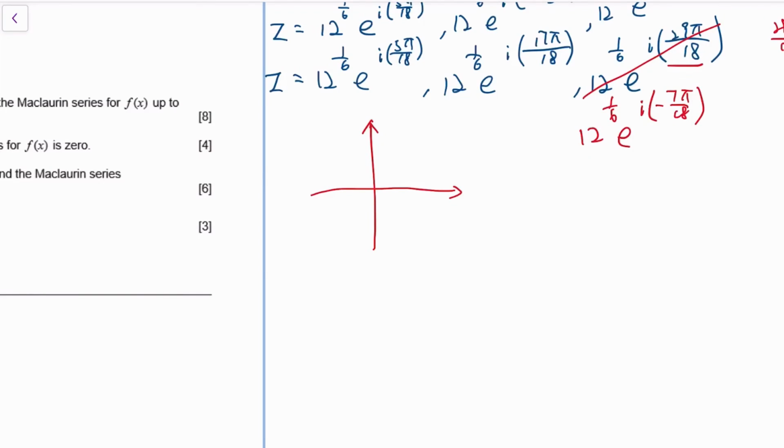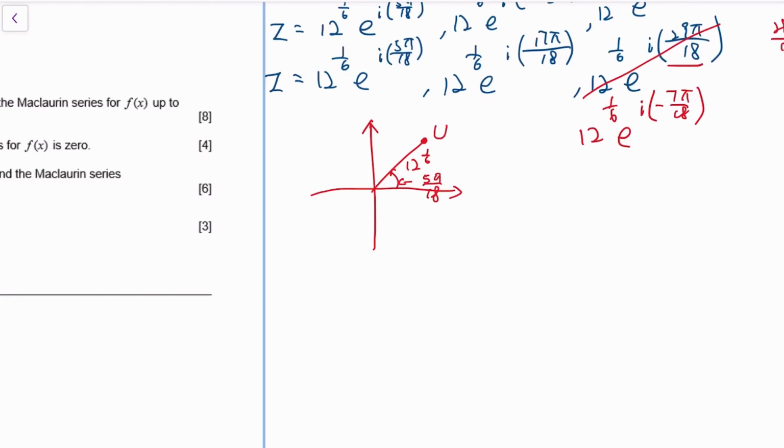Pi is 180. 180 divided by 18, that's 10, so that's roughly 50 degrees. So we have here roughly 50 degrees. That's the first point. Let's call it U. The length of that line is 12 to the power of 1 over 6, right? That's the modulus. This is the argument.